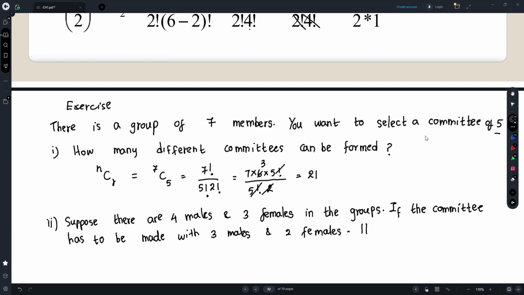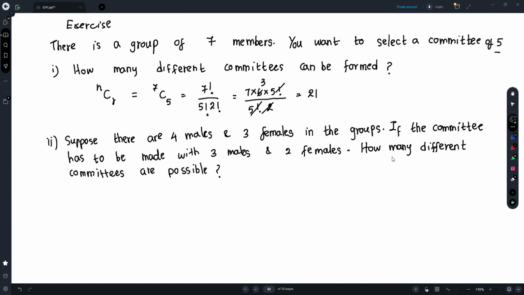If so, how many committees are possible? Can you find this one?